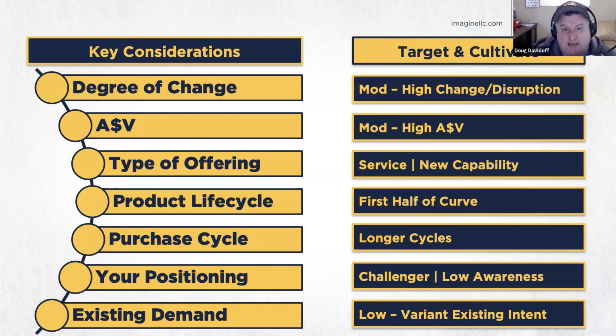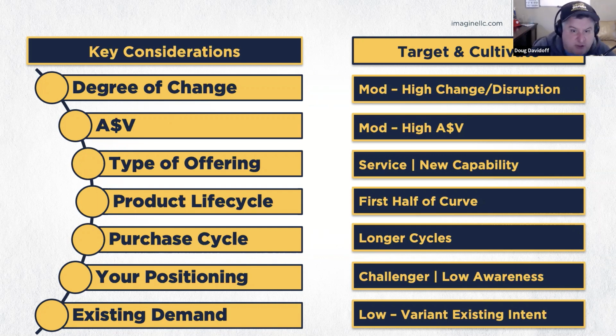Target and cultivate is geared more when there's a moderate to high change or disruption, moderate to high sale values, very effective around service and new capabilities. You're looking at the first half of the curve of the product adoption life cycle, longer consideration cycles, and therefore longer sales or buying cycles.